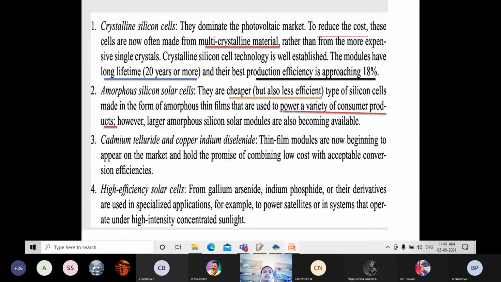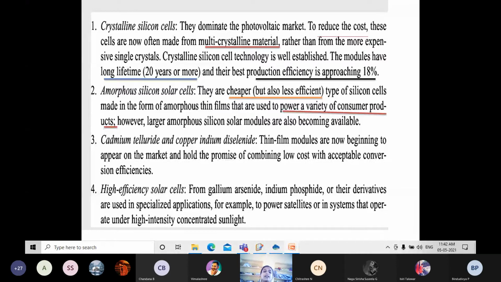These thin film modules are now beginning to appear on the market, though they have not yet come into practical use. They hold the promise of combining low cost with acceptable conversion efficiency. For a customer or manufacturer to adopt them, some qualities should be there, right? So they should hold the promise of combining low cost and acceptable conversion efficiency.